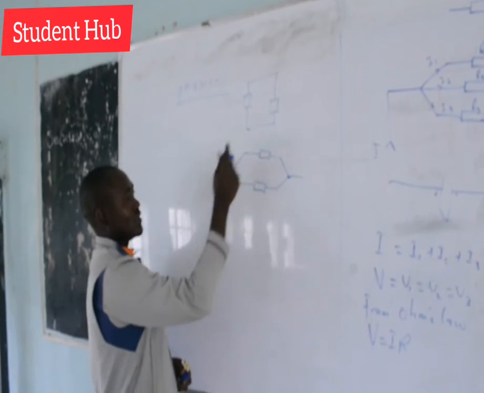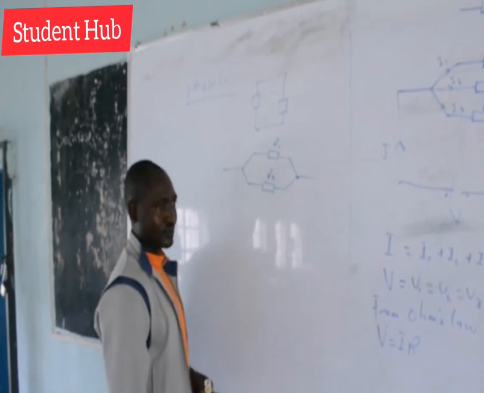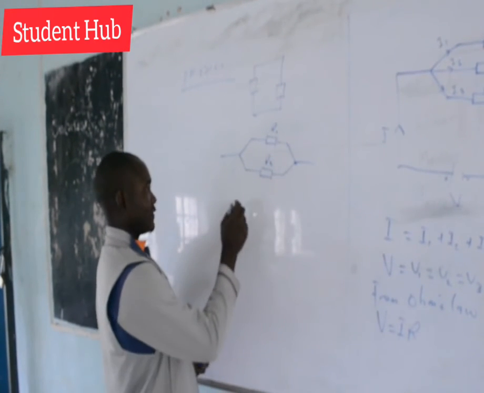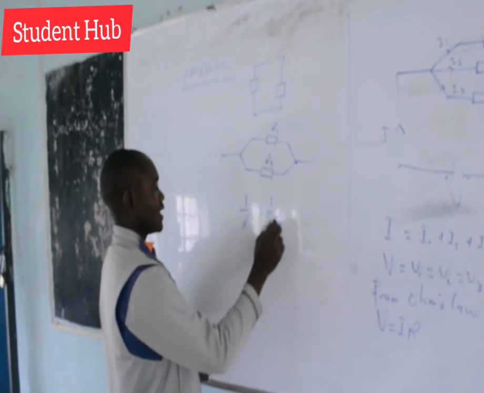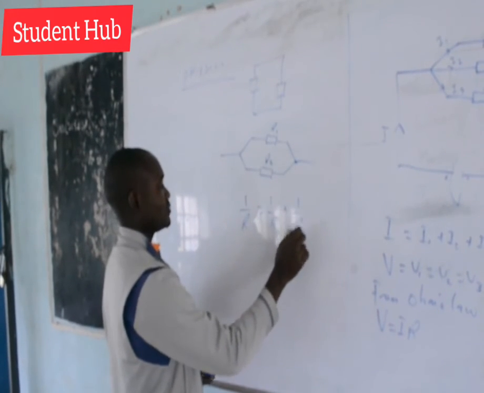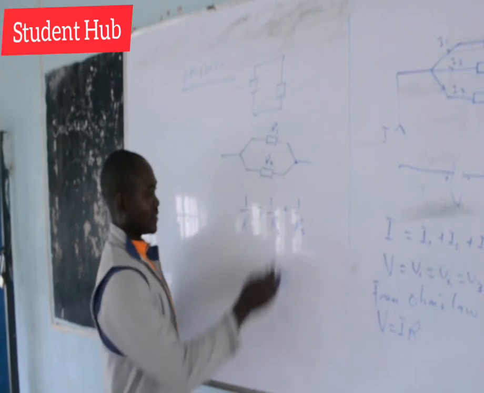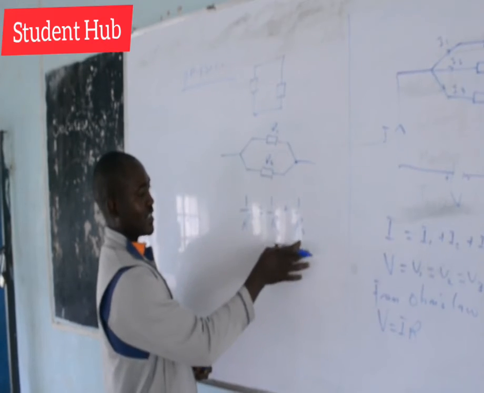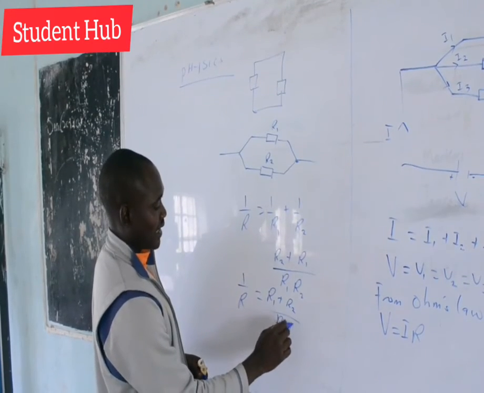Is that okay? So if we have R1 here, R2 here, then we have 1 over R equal to 1 over R1 plus 1 over R2, depending on the number of resistors you have. Having this, the LCM here is R1, R2.